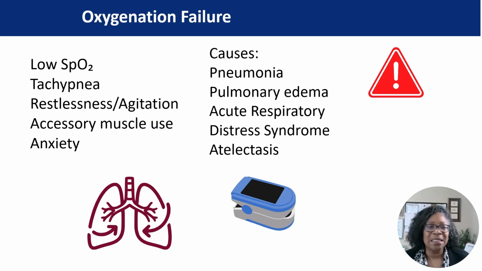They may be restless, agitated, or anxious. You may see them using accessory muscles. And in severe cases, you'll see some cyanosis. Remember, in oxygenation failure, patients are often really working hard to breathe, and their bodies are trying to compensate for those low oxygen levels. Okay, so let's look at the other one.